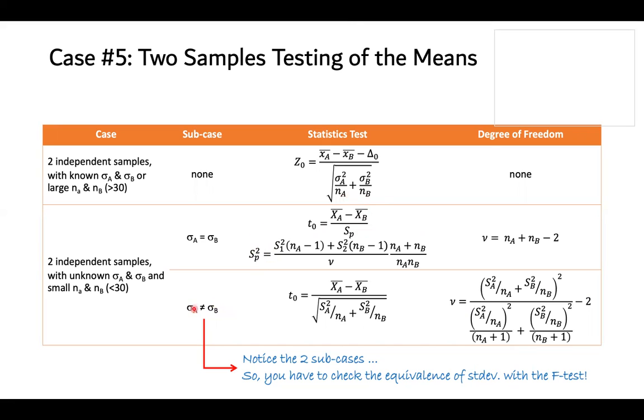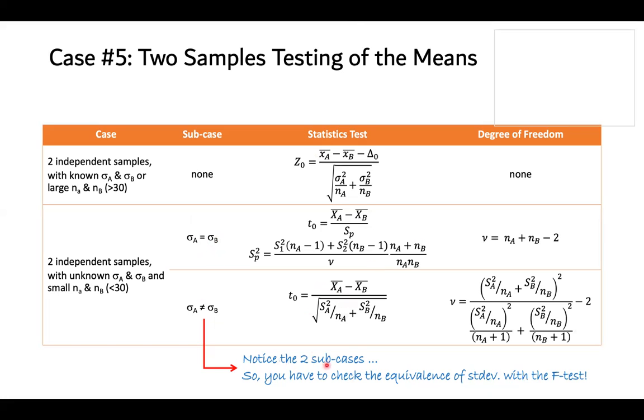And then this one, if we don't have a similar standard deviation between A and B, you have to determine whether the populations of those 2 independent samples have similar standard deviations or not. So this one is the T test.